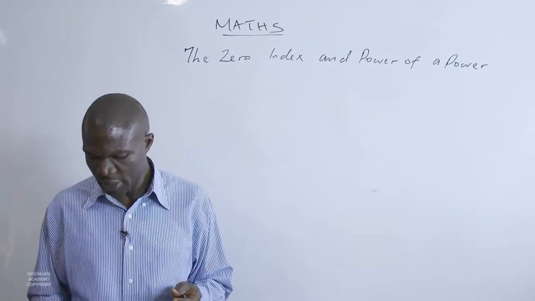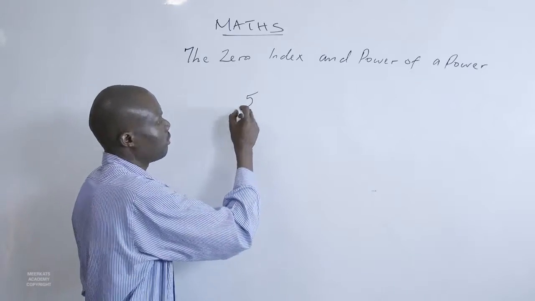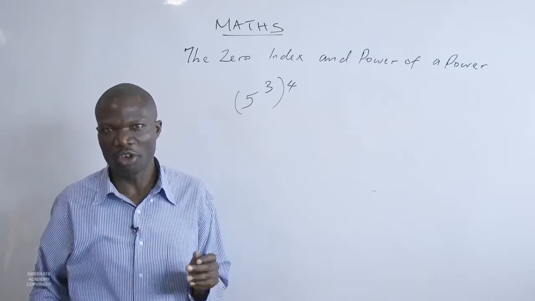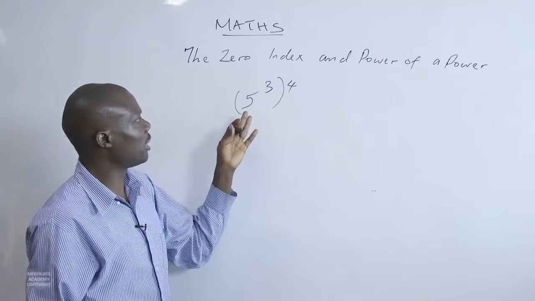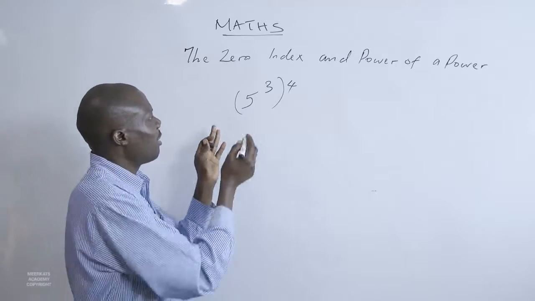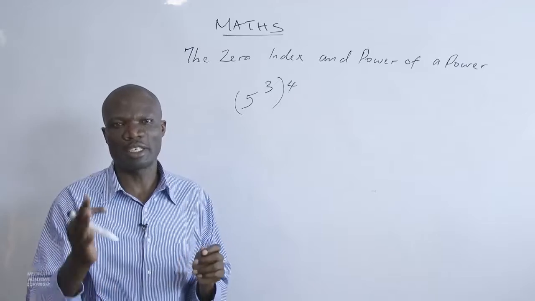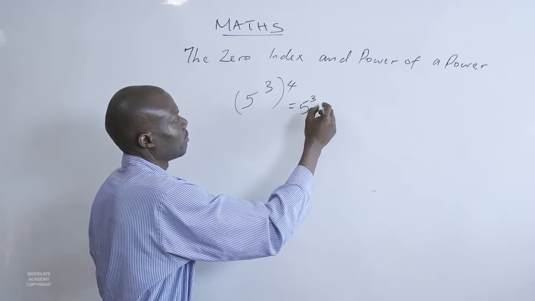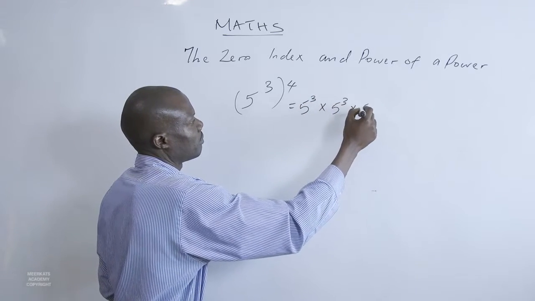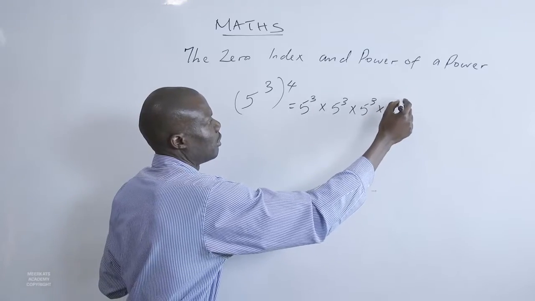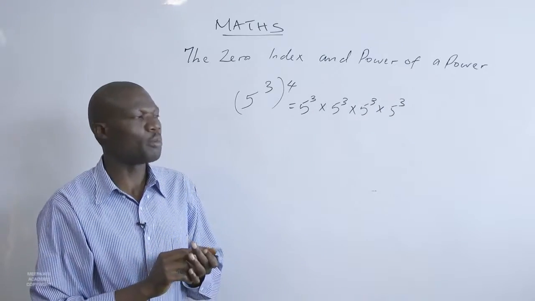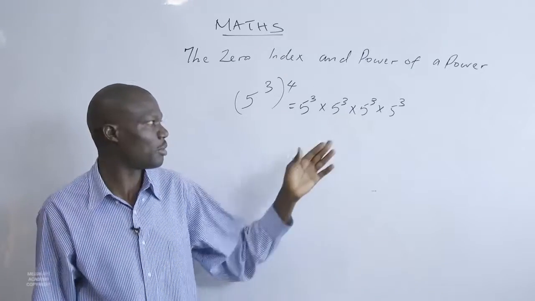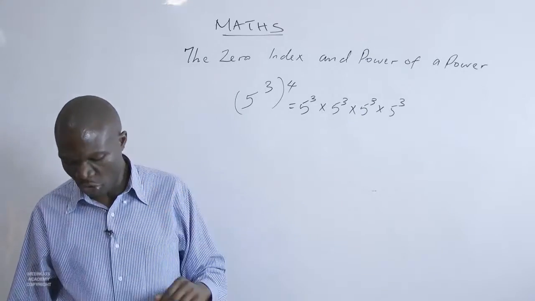When we expand a number like 5 raised to the power of 3 in bracket, raised to 4, we know that this is the same as having what is inside the bracket 4 times. So this is 5 raised to the power of 3 times 5 raised to the power of 3 times 5 raised to the power of 3 times 5 raised to the power of 3, 4 times.